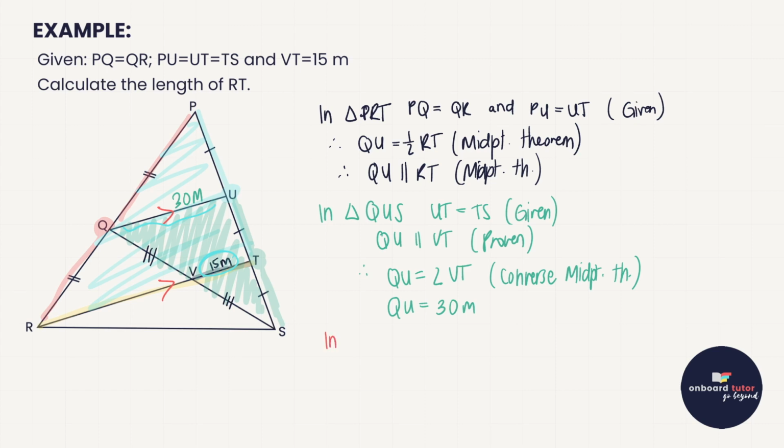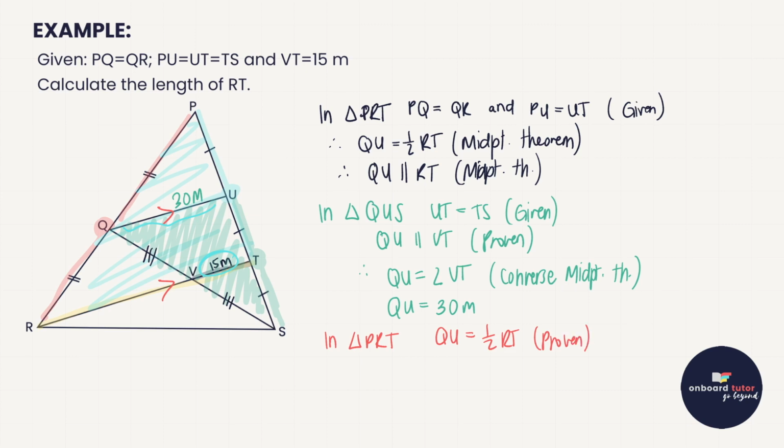And now we're going to jump back into that first triangle that we worked in, and we're going to say in triangle PRT, we have already proven the midpoint theorem there. Do you see that? So we said QU is equal to half of RT. So let's write that: QU equals a half RT. We proved that already.